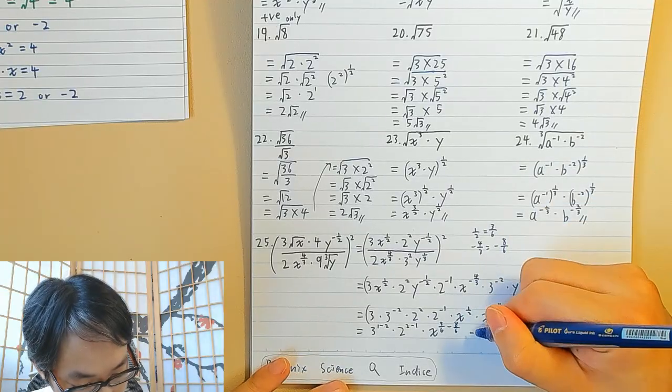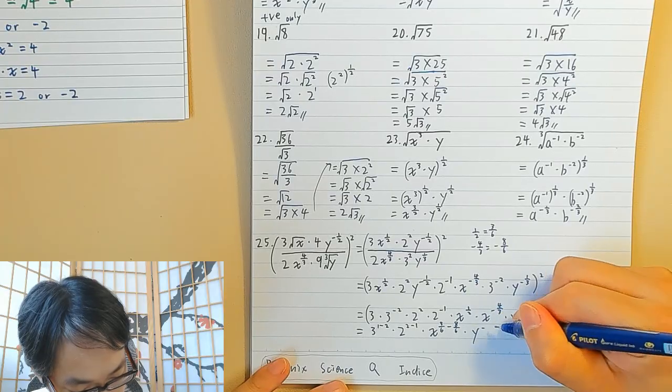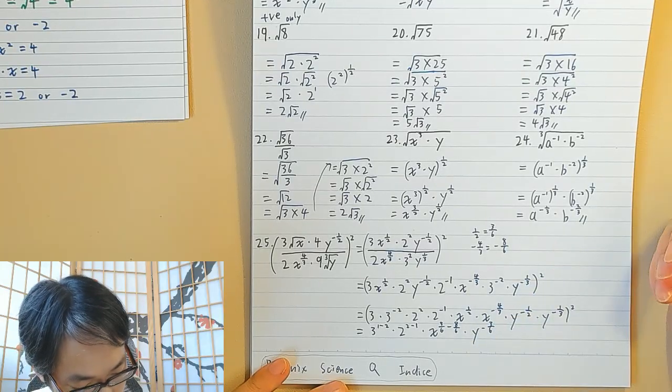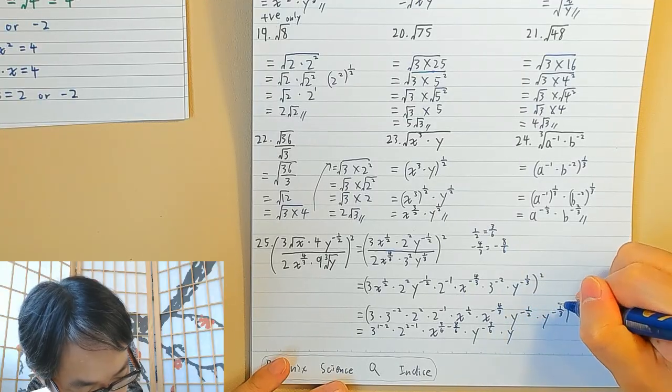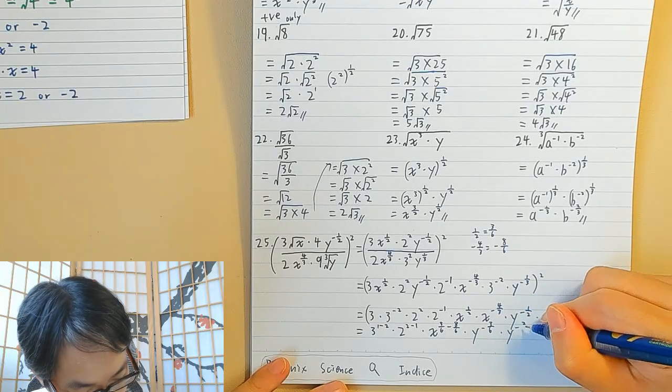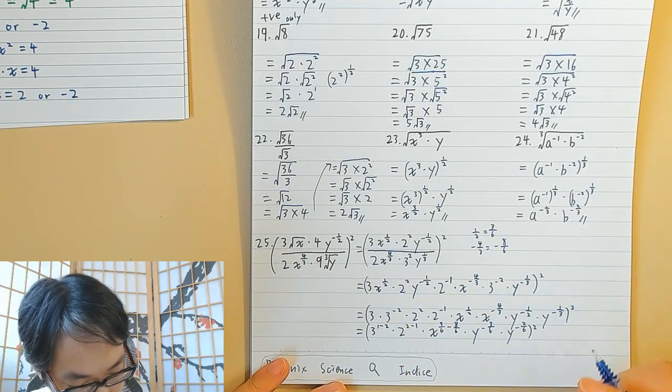Similarly for y's. Y to the power of negative 3 over 6 times y to the power of, this is 2 over 6, negative 2 over 6. Okay, whole thing is squared.